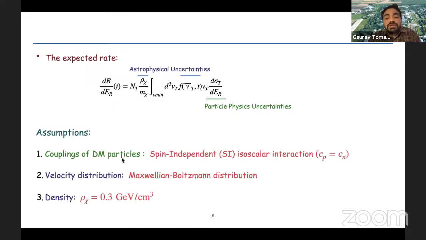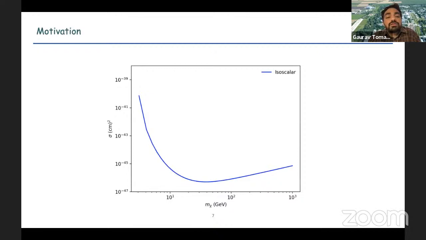Usually we assume a Maxwell-Boltzmann distribution and perform our calculation using the density rho chi to be 0.3 in the neighborhood of the sun. With all these assumptions, we finally arrive at this exclusion plot, which is the exclusion plot for isoscalar interaction for the xenon 1-ton experiment.